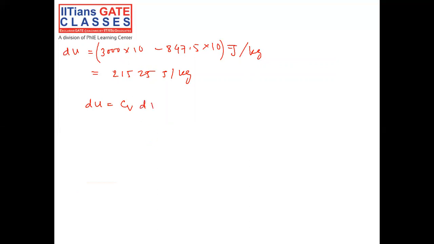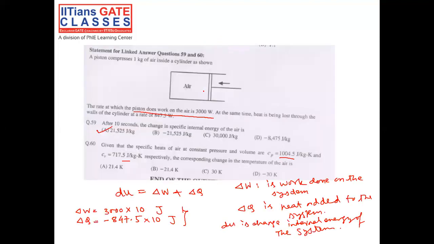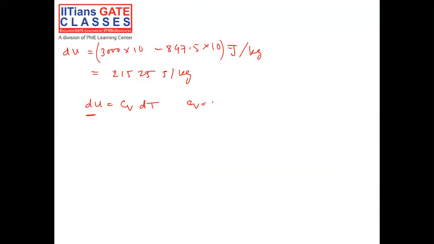So dU we have obtained here, and Cv is given as 717.5 joule per kg Kelvin.